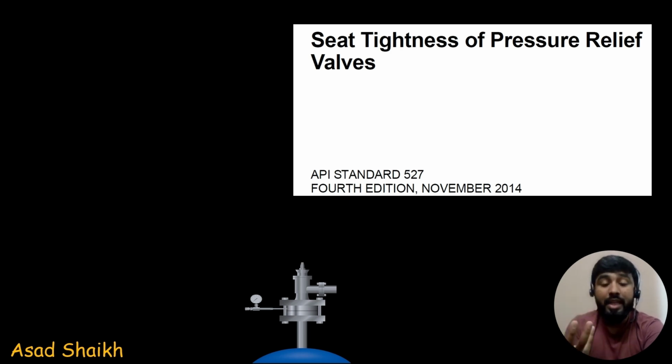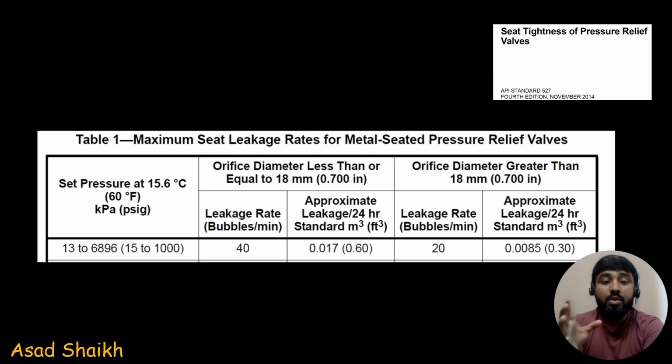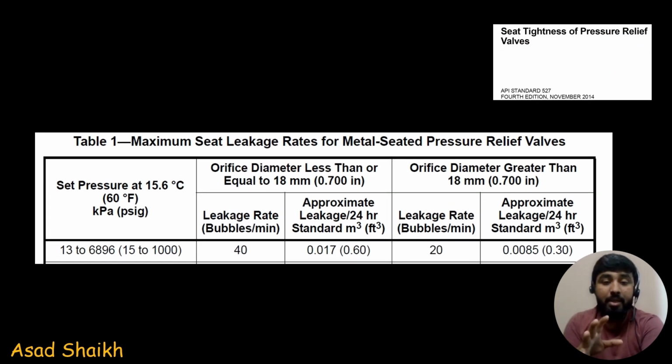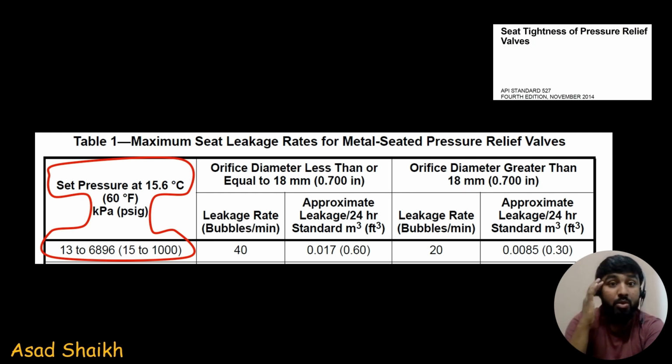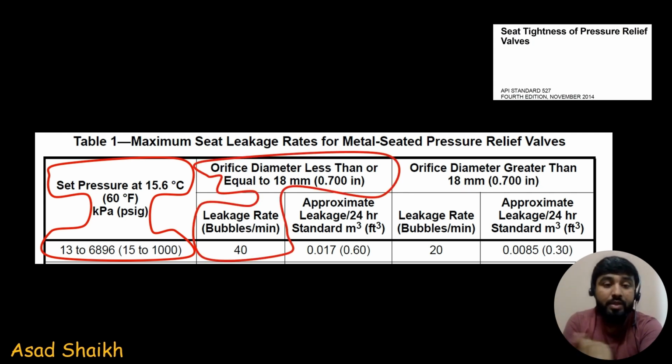It includes various test mediums like steam, water, air, etc. Let's look at this table, which explains, based on the pressure, what the bubble rate should be. Similar to control valves, you have the bubble rate philosophy here, but everything is bubble rate because your leakage has to be very minor. And in case you still can't go with that leakage, use a rupture disc with a relief valve.